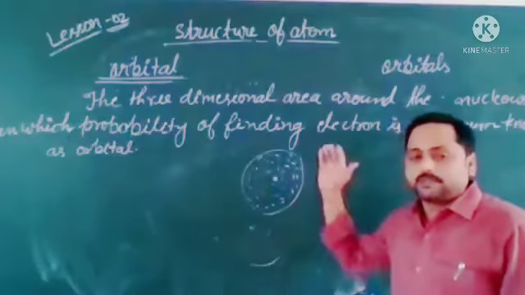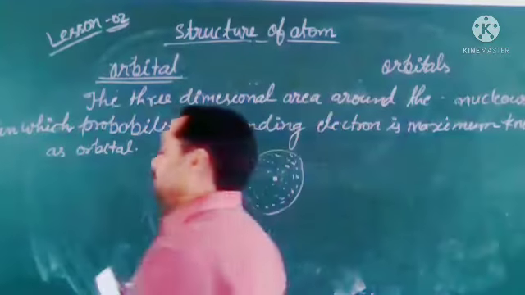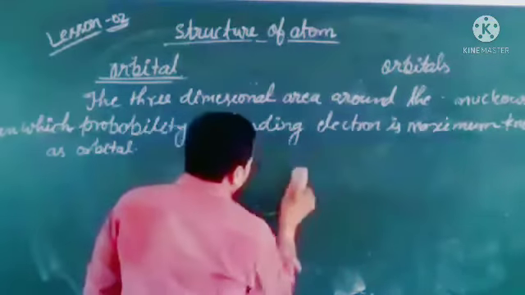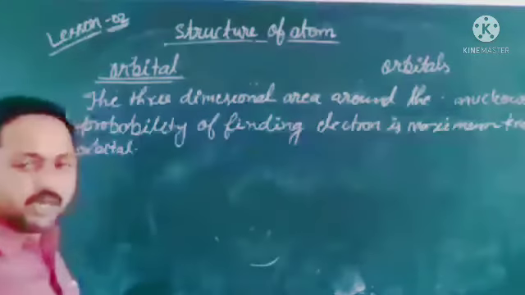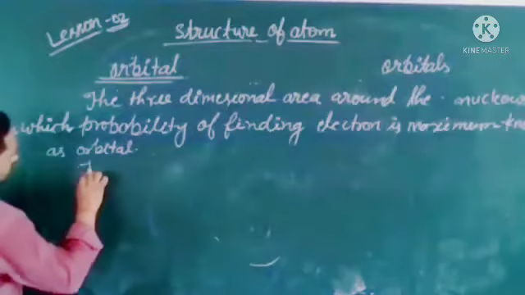Orbitals are represented like this. Let us see what the different types of orbital are.